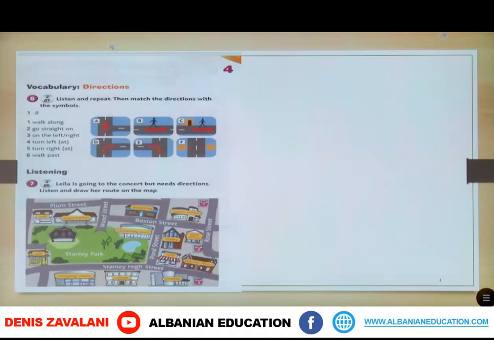Page 43, Exercise 6. Listen and repeat. Then match the directions with the symbols. 1. Walk along. 2. Go straight on. 3.